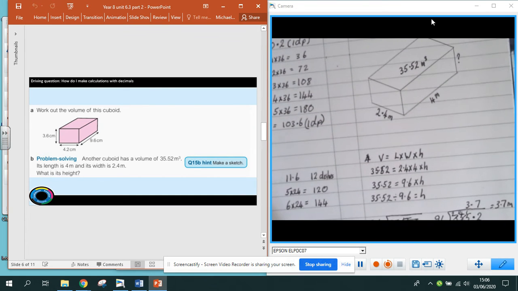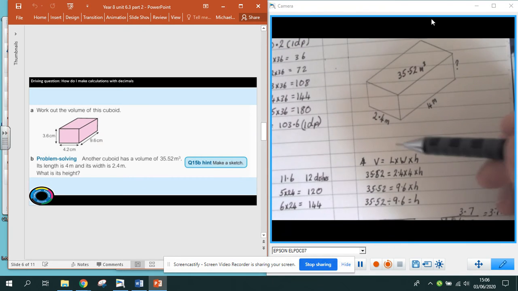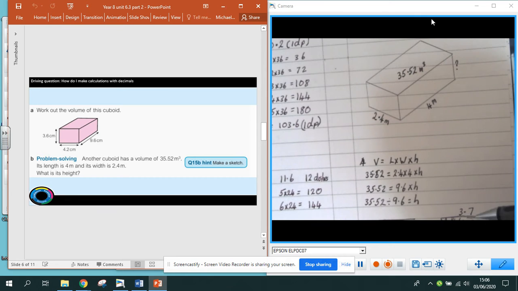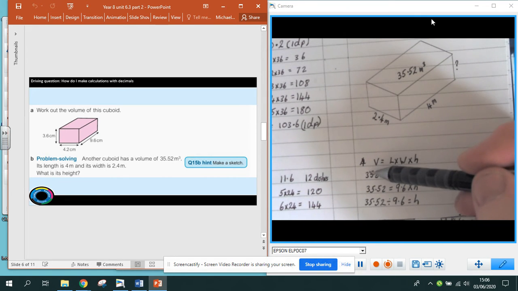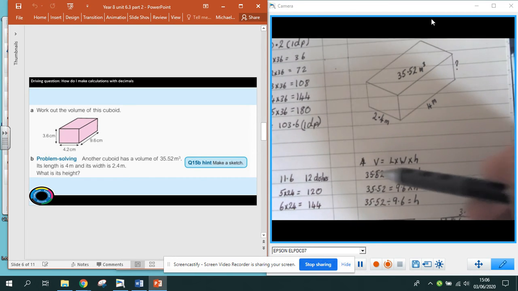So, how did I do it? Well, I started off by writing down the formula length times width times height. Then after that I put in what I knew. I know that the volume is 35.52. I know that the length is 4. I know that the width is 2.4. So I've written those down.